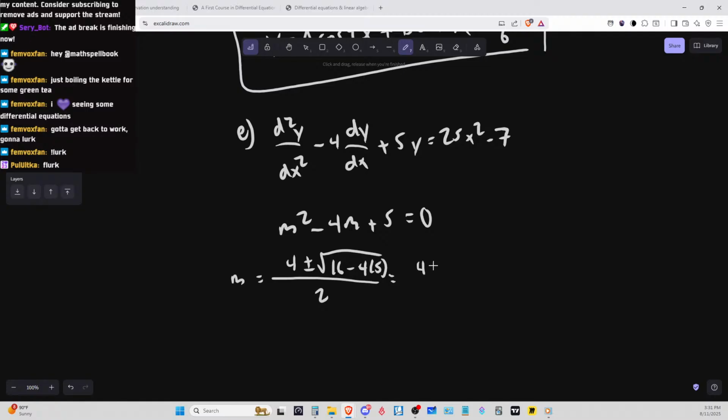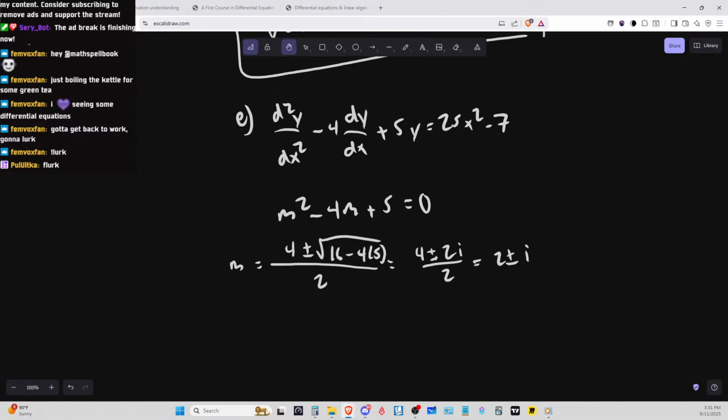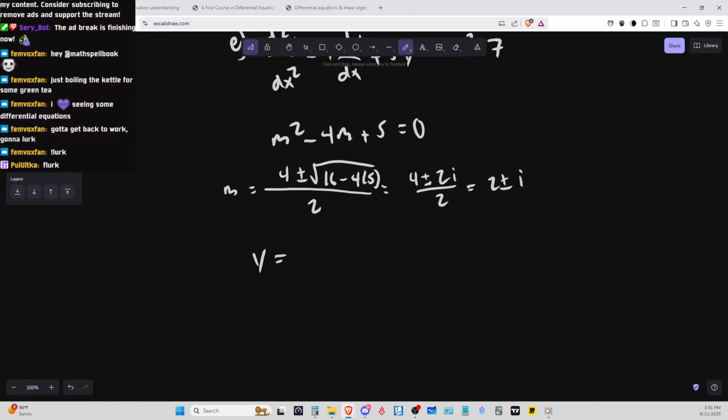So then we're gonna have like plus or minus 2i. And then if we divide that, then we're left with 2 plus or minus i. Okay. So now we actually have like, so it'll be e to the 2x, a cosine x, sine x. Okay, now we got to do the difficult part.